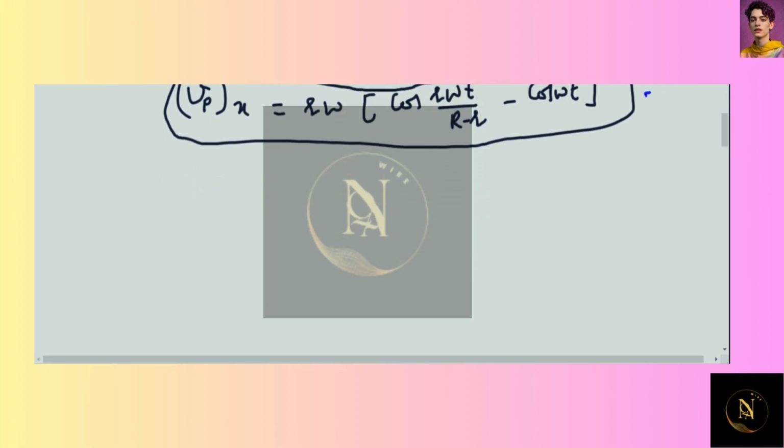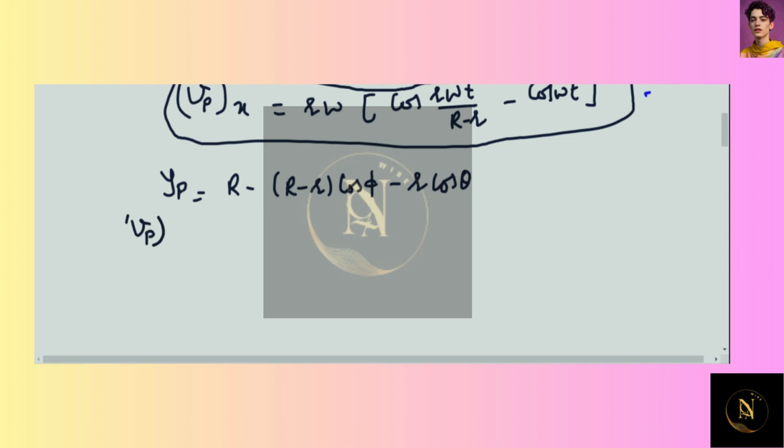Now we have to find the velocity of point P along the y-axis. So we will find the y-coordinate of point P. So y of P can be written as R minus (R minus r) cos of phi minus r cos theta. Differentiate with respect to t.